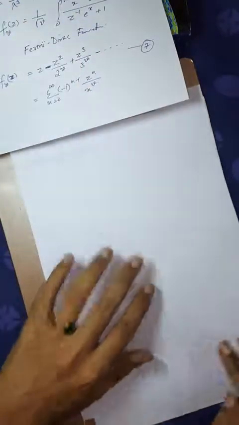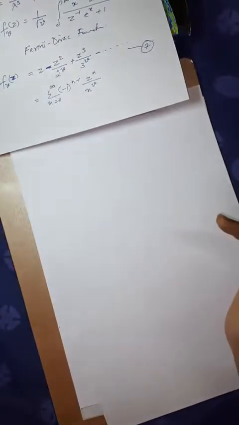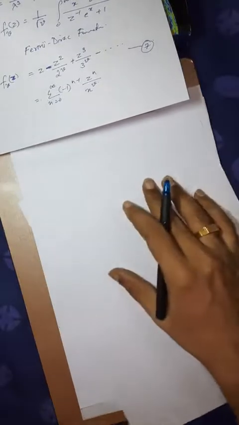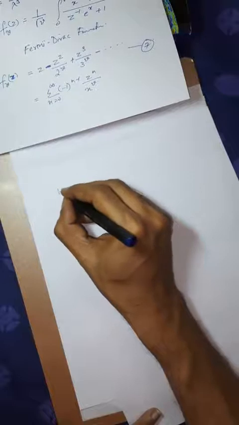Okay, so now based on this formulation, my intention is to try to see what is the variation of Cv with the temperature for the Fermi gases. For that purpose, first of all, I need the internal energy.